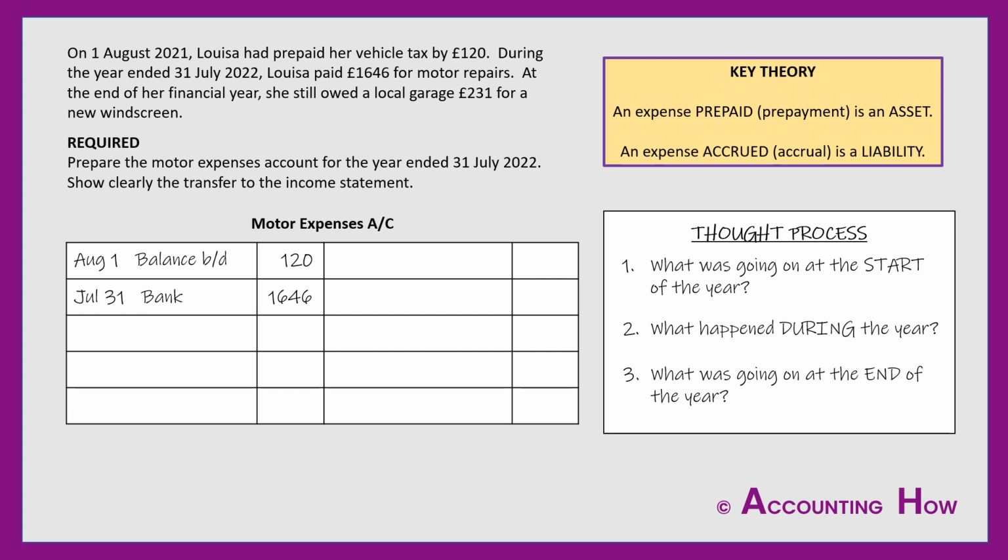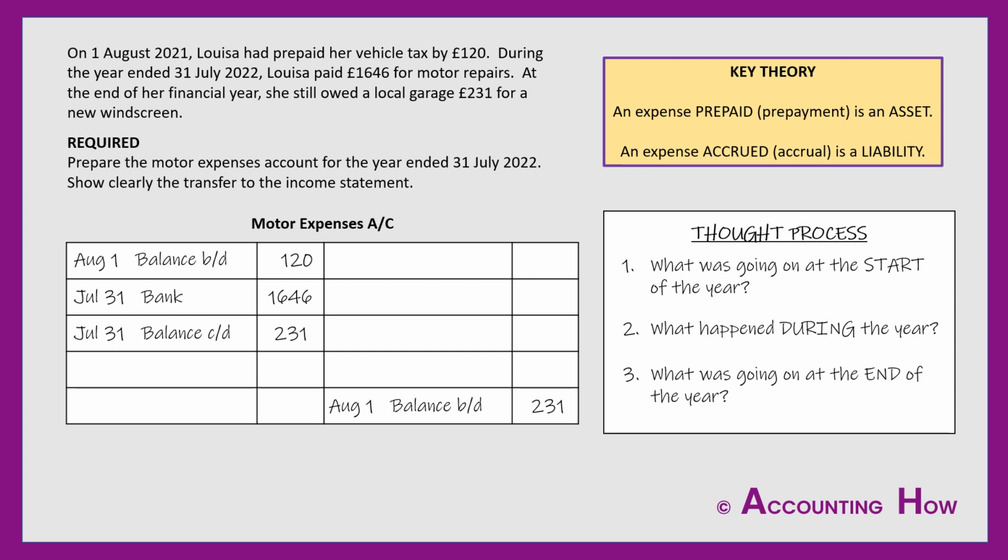And so what I'm going to do here is work backwards, and you'll see I've entered the 231 on the credit as a liability as a balance brought down on August the 1st, the first day of her next financial year. I'm then, as I say, going to work backwards. So if I'm bringing that 231 down on the credit, I need to carry it down on the debit. So on the last day of her financial year, there it is, July 31st, balance carried down 231.